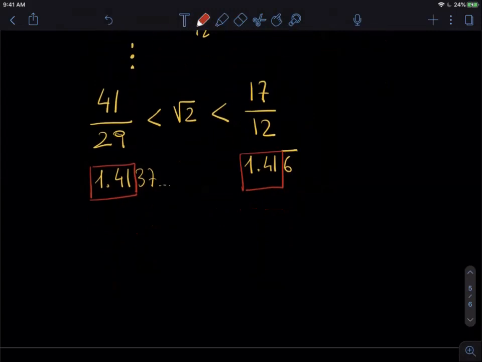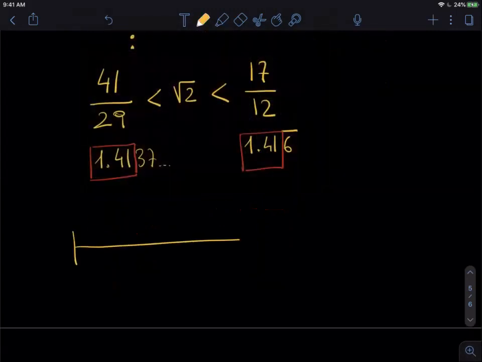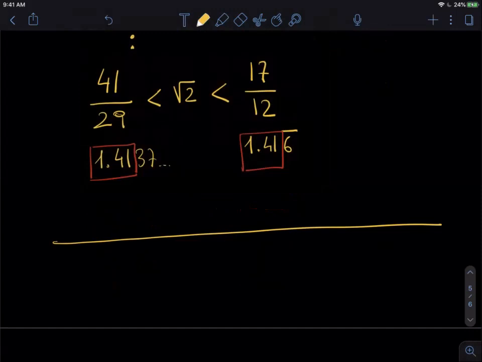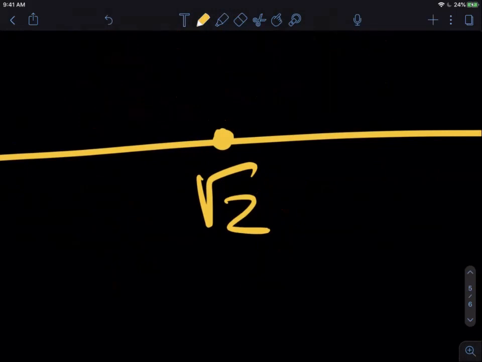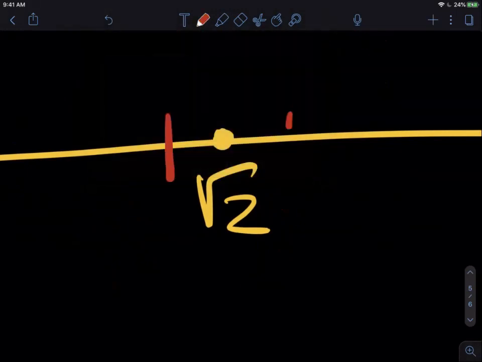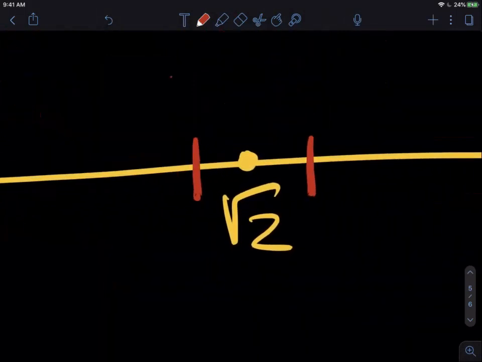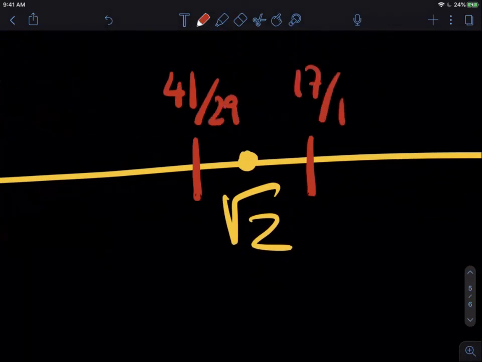Okay, and what we are saying here is, if you look at the real line, and you look at the square root of 2, and you zoom in very carefully, then you have the two numbers we found, 41 divided by 29, and then the other number, 17 divided by 12.